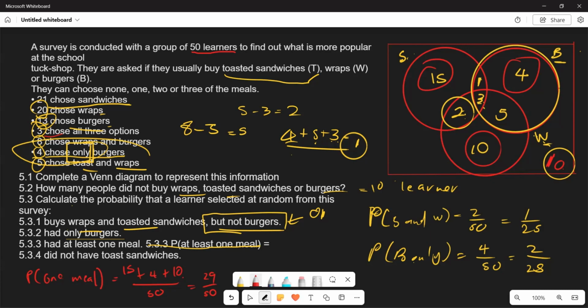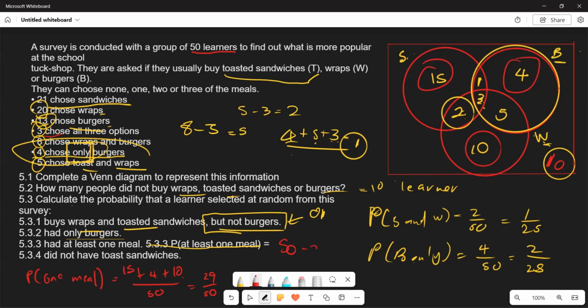Now they say those who did not have a toasted sandwich, which means we want everything except the toasted sandwich. We know that the totality is 50 learners, and those who had a toasted sandwich, the sample space, was 21.